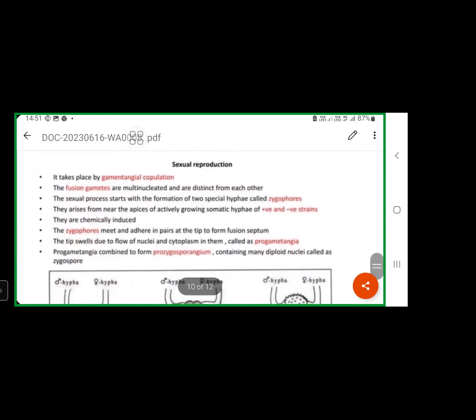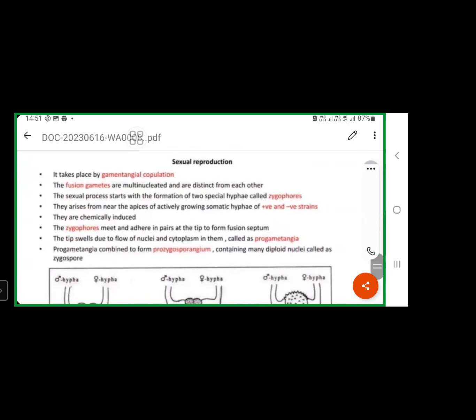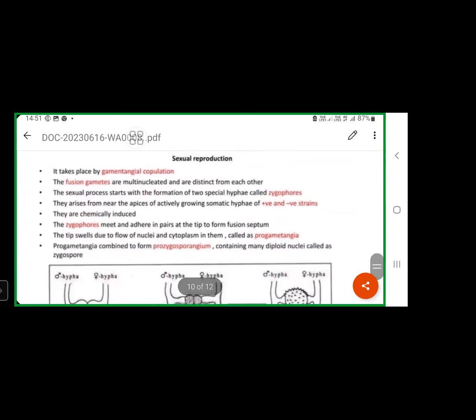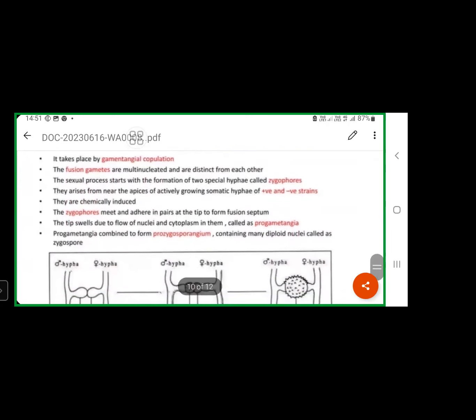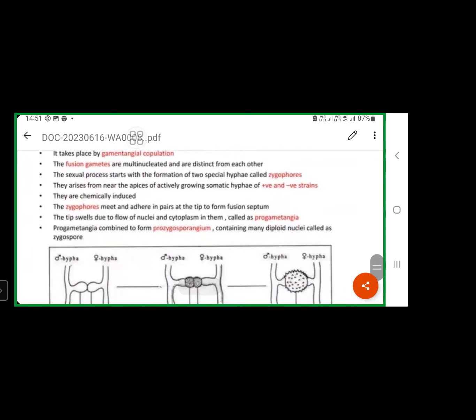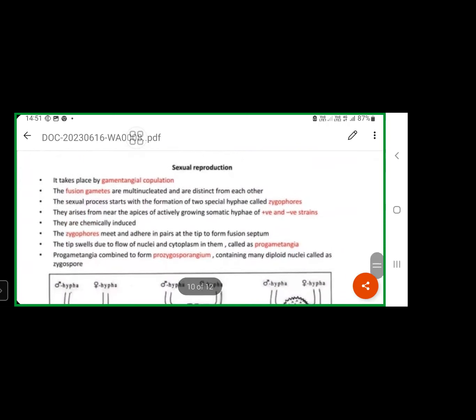Now we will discuss sexual reproduction in Mucor. What type of sexual reproduction it shows, we will discuss here. Actually, Mucor reproduces sexually in unfavorable conditions. Whenever conditions are not favorable for its growth, it reproduces sexually, by the gametangial copulation method.